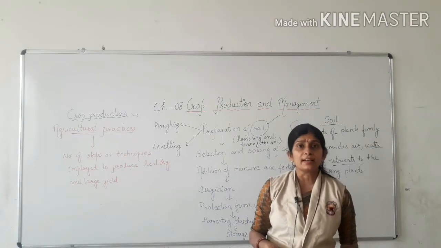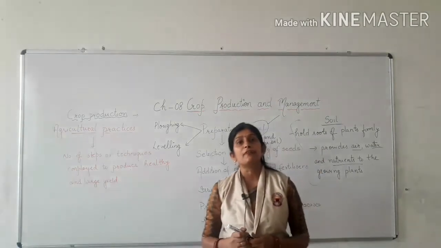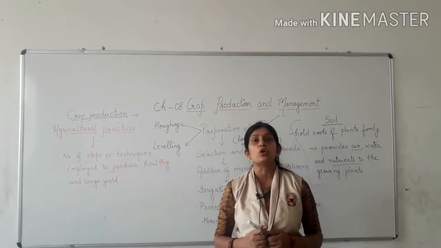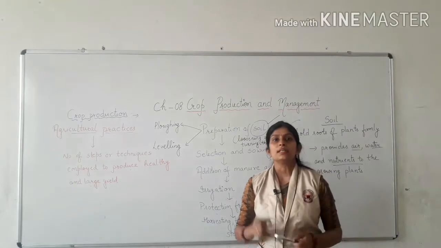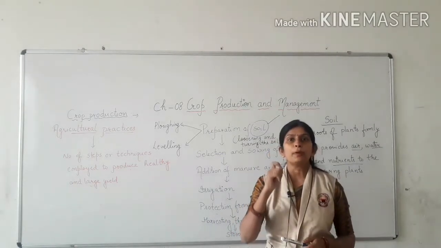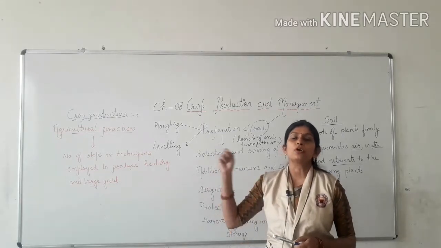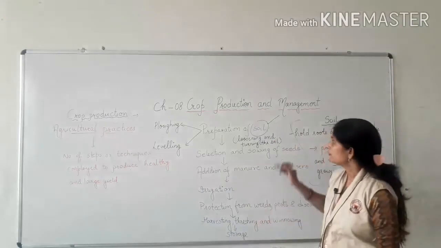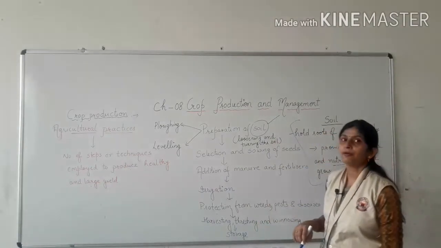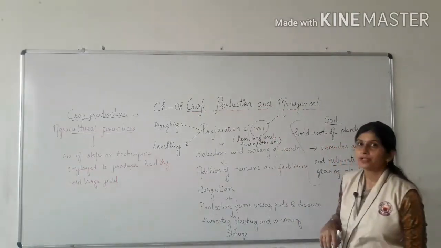So now you can understand that soil is very important and significant for the crops and plants growing on it. Okay, so this soil should be prepared well before sowing or growing plants or crops. For that, first of all, we perform the first agricultural practice, that is preparation of soil.